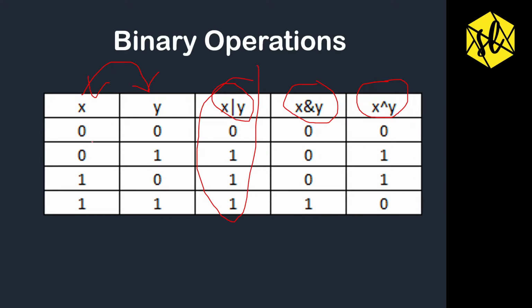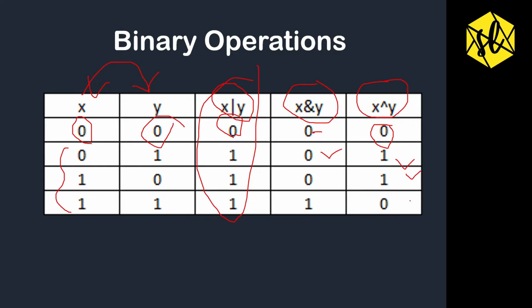For example, for 0 and 0 input we will get 0 for OR operation, 0 for AND operation, and for XOR also we will get 0. That is all. Just like that we have all these values.